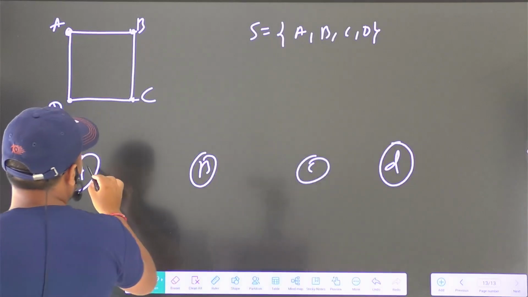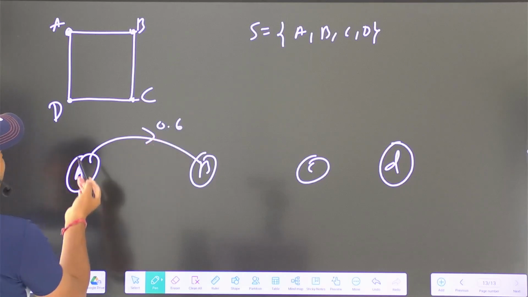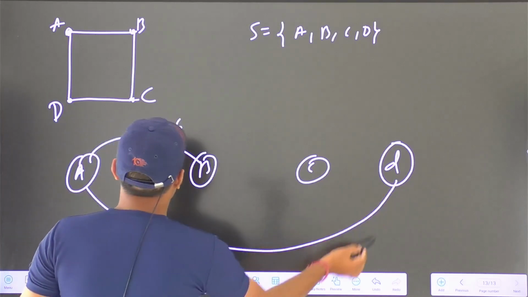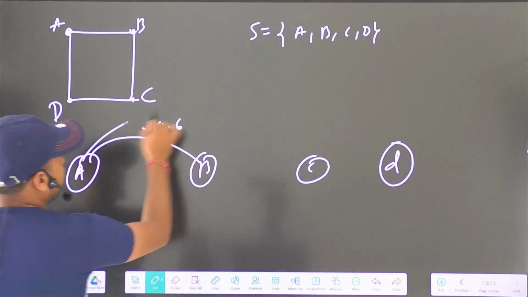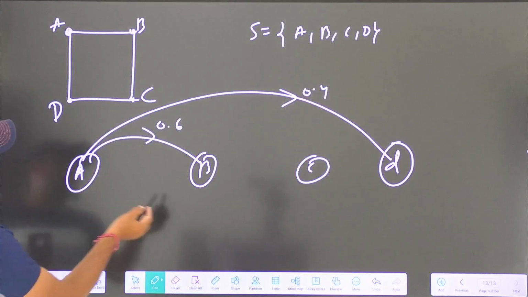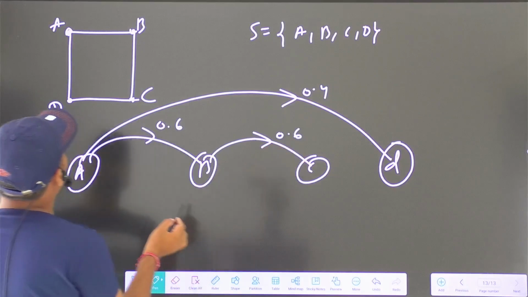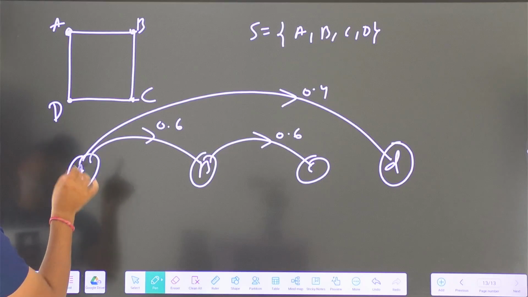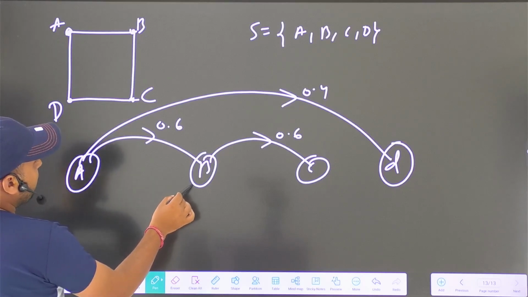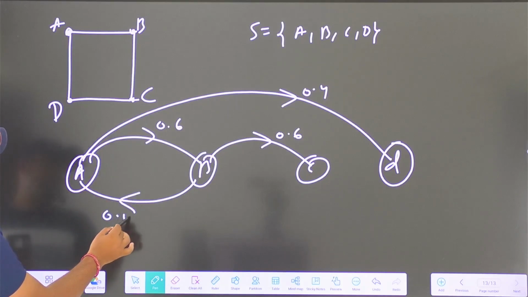So A to B it can move with probability 0.6, and A to D with probability 0.4. Then B to C with 0.6 and B to A 0.4.